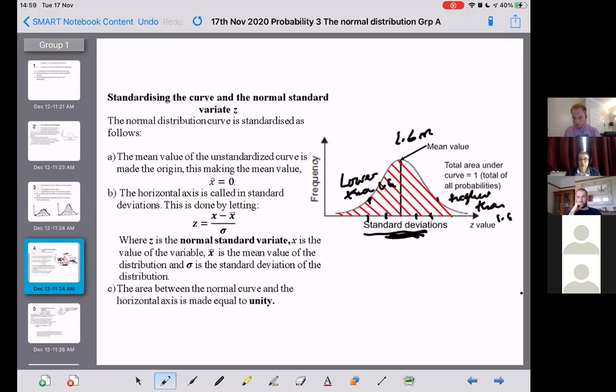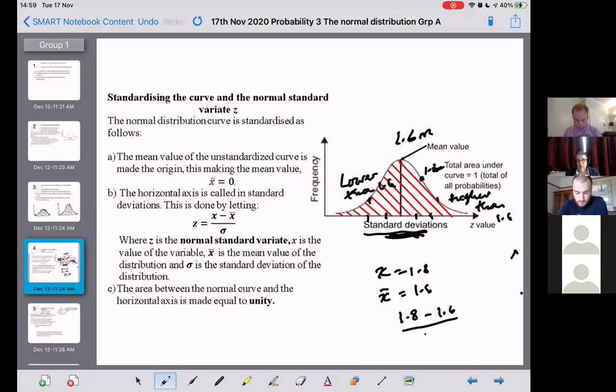The idea, if we want to find a Z value, and that's here somewhere, and that's height is equal to, I don't know, 1.8 meters, X would be 1.8. X bar would be the mean, which we said is 1.6. Okay, and then we'd do 1.8 minus 1.6 over what the standard deviation was.